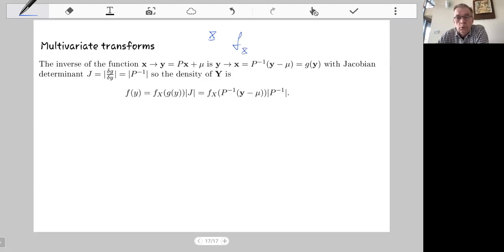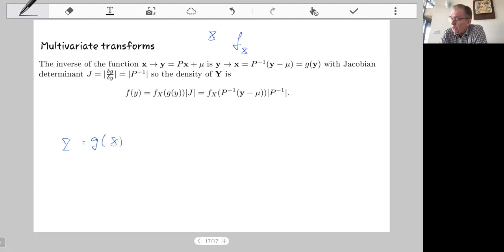We start with one-to-one transformations of x. So in other words, a g of x, and we can call that y. Then we would like to know the density of y, where g is one-to-one.